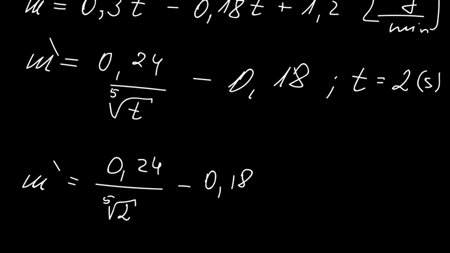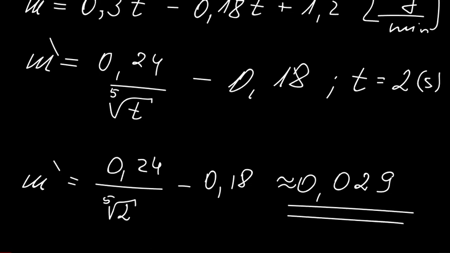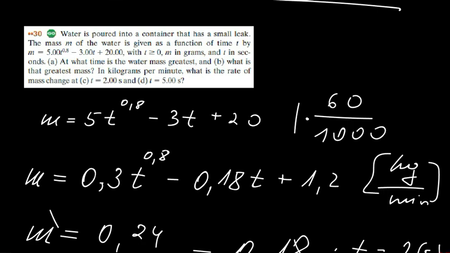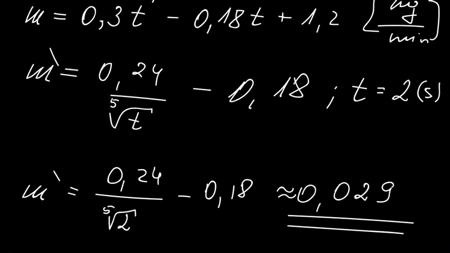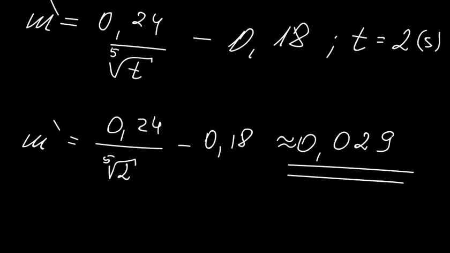And this would be approximately 0.029, and this is the rate of change. So I will not do the last problem because all this is just putting different t values in our equation. But this is basically how you get the rate of change.